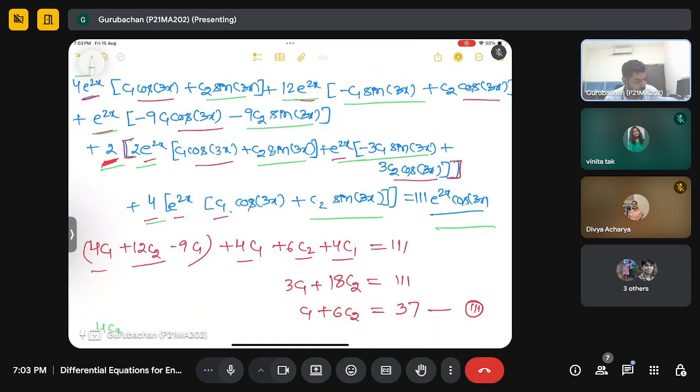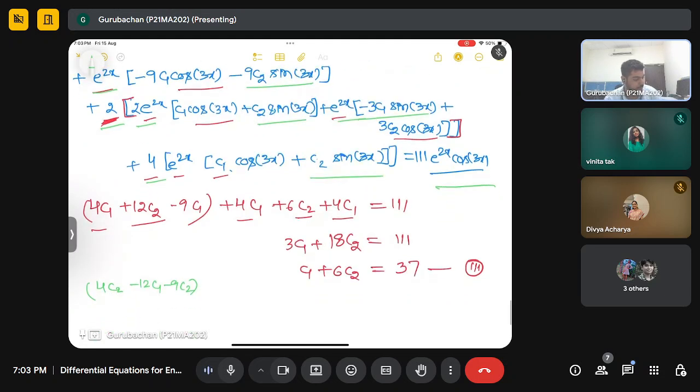From the next one is minus 12 times C1. Then from the next term is 9 times C2, and the next one is 2 multiplying 4, so 4 times C2. From the next one is minus 3 times C1, or in fact 6 times since 2 is outside. Next one is 4 times again C2. This must go to 0.